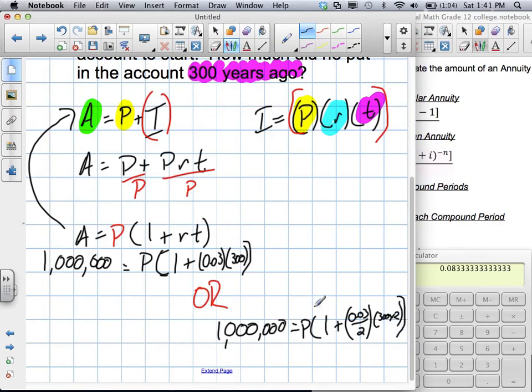Now what you're going to discover is this times this, 0.015 times 600, is going to give us the same amount in the end. I want you to get used to this idea of halving something or multiplying by 2 because we're going to need to do it for compound interest.